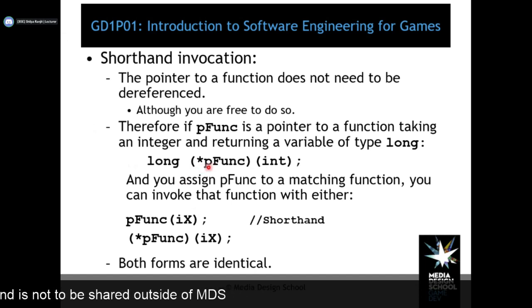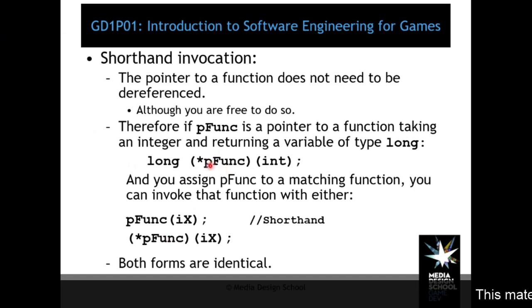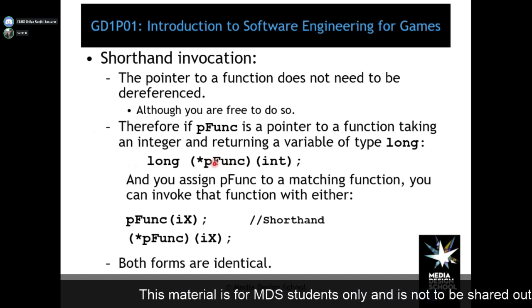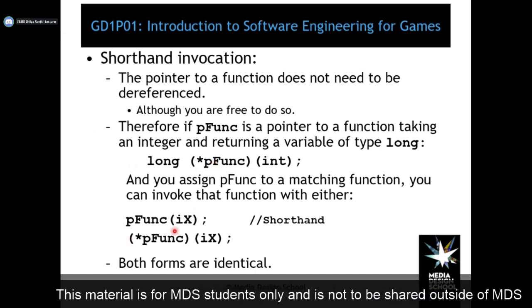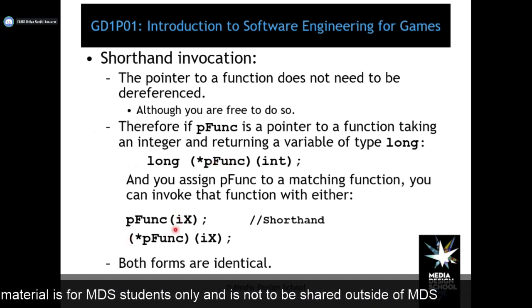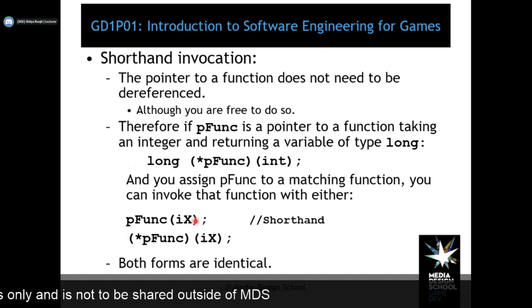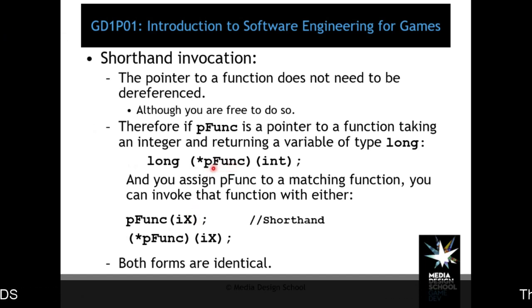Assuming this p_func is holding the address of another function, the way I could invoke that function is to make a normal function call, as you would do for any normal function. So use the name of the function pointer in this case. You would say p_func and pass some argument there. Even in the case of calling a function pointer, you would just treat it as a normal function call.